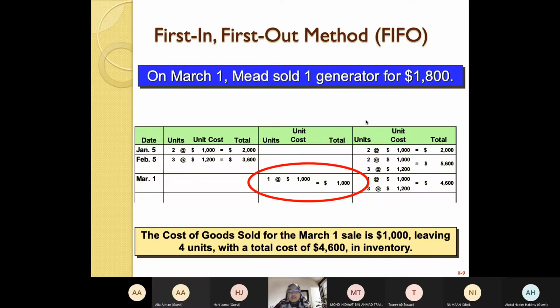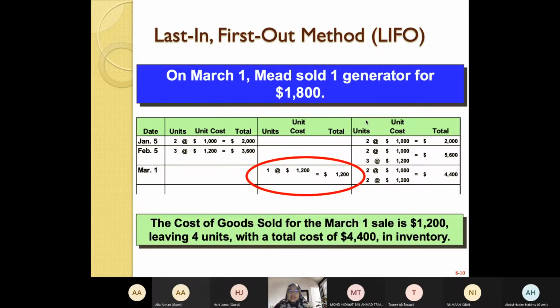Right? Because the other method that we know is what we call last in, first out. Under last in, first out, when you make a sale, the cost that you are going to take is the latest one. So if you have 2 units at 1,000 first purchased, and then on February 5th you purchase another 3 units at 1,200, which cost is the last in? The 1,000 or 1,200? 1,200.